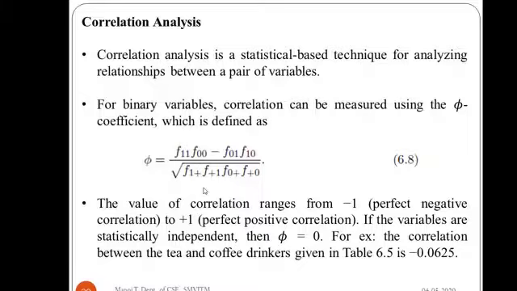Please refer to the contingency table for the tea coffee example. F11 is 150, F00 is 150, minus F01 which is 650 into F10 which is 50, divided by the square root of 200 into 800 into 800 into 200. If you calculate that, you get this particular value, which says that it is a negative correlation.